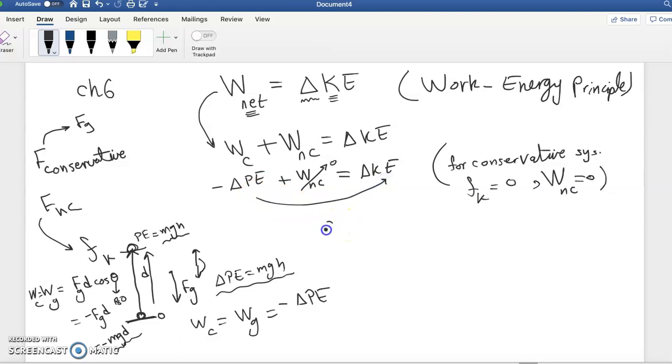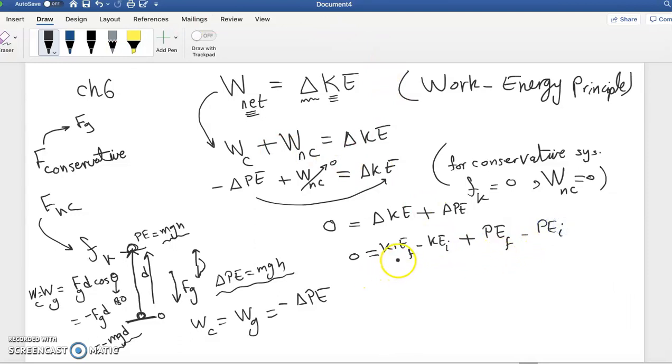So 0 is equal to delta KE plus delta PE, which is kinetic energy final minus kinetic energy initial, plus potential energy final minus potential energy initial.